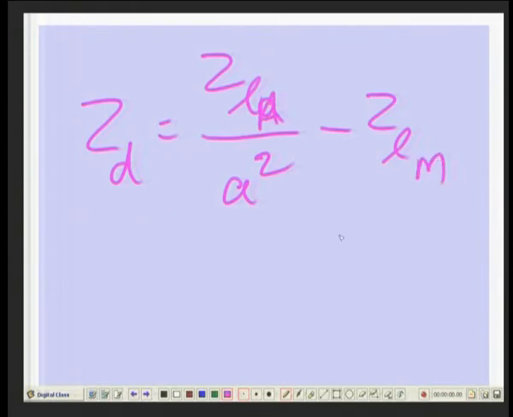What is important is that for different machines the ZLA may be different, and in the auxiliary winding you may connect some capacitors also.